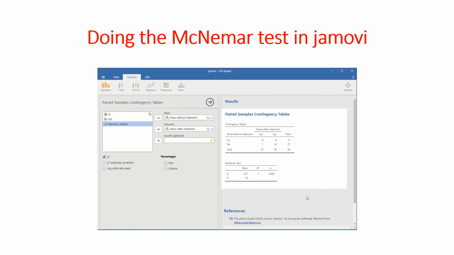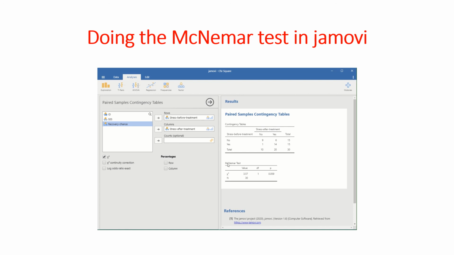Our hypothesis was that stress before treatment and stress after treatment are not related at all. And then we put our alpha level at 0.05. That was the criterion based on which we want to reject or not reject the null hypothesis. And then we do the McNemar test in jamovi.